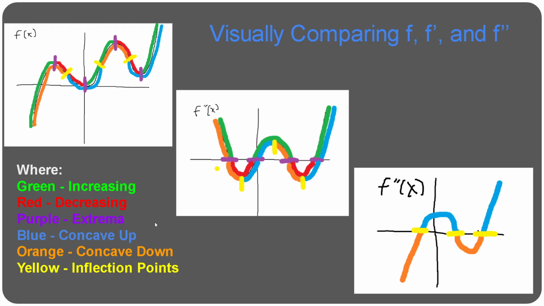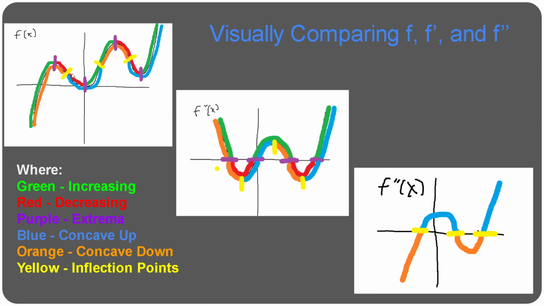Purple, extrema. So as we went over with the first derivative test, extrema happens at critical values. Critical values happen when the derivative is equal to 0. So as you can see, the zeros on the first derivative relate to the maximums and minimums of the original function. And let's talk about inflection points, I guess.